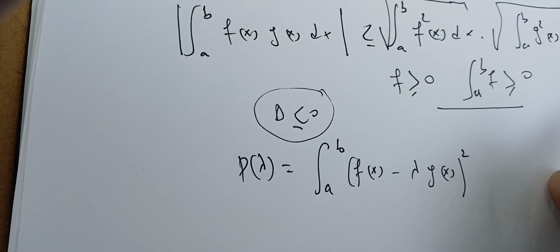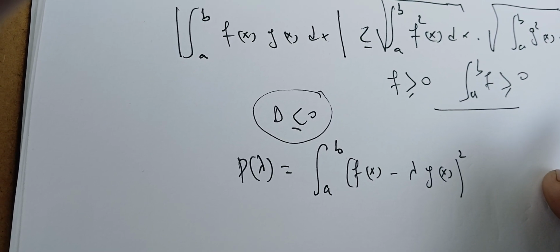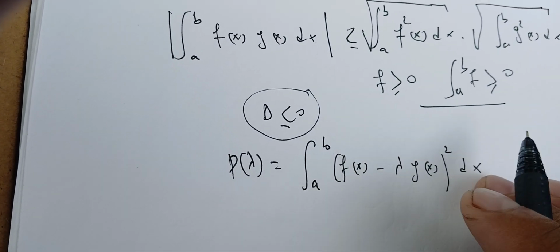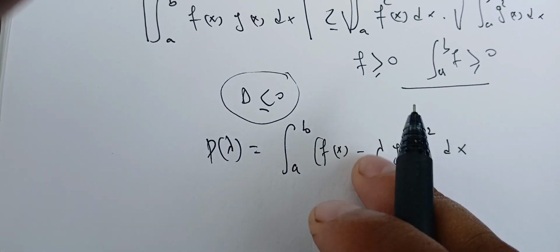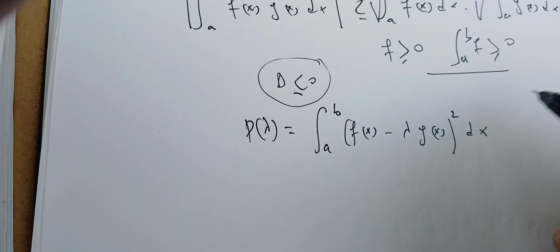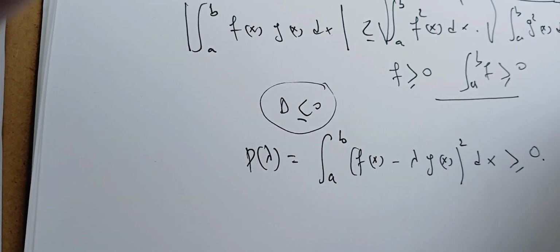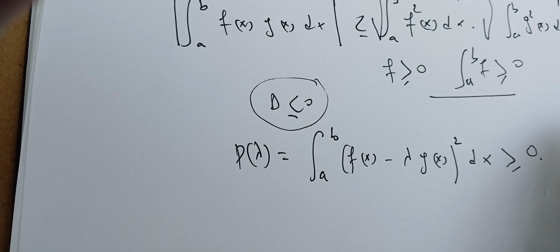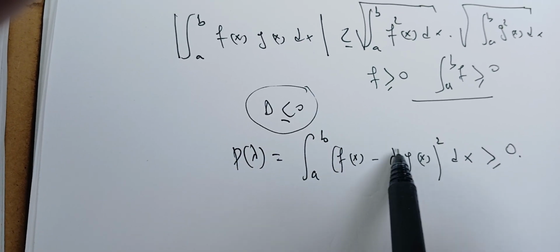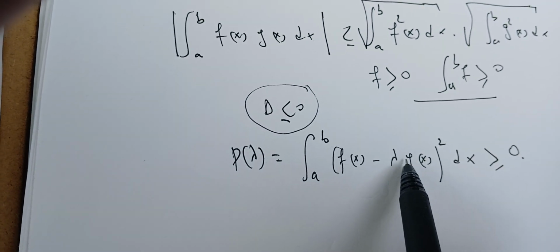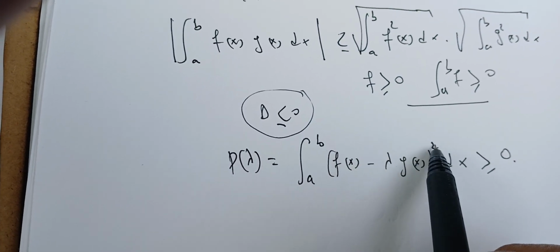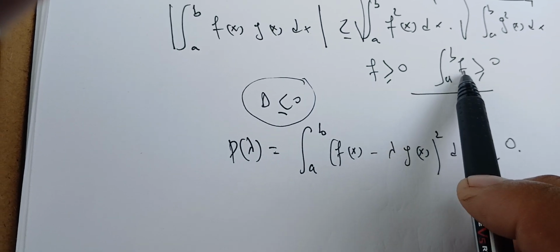This is a positive value because it's squared, and therefore this value is greater than or equal to 0. Using the first fact, think of this f of x minus lambda g of x as being our f, and it's bigger than 0 because it's squared, and therefore the integral is bigger than 0.